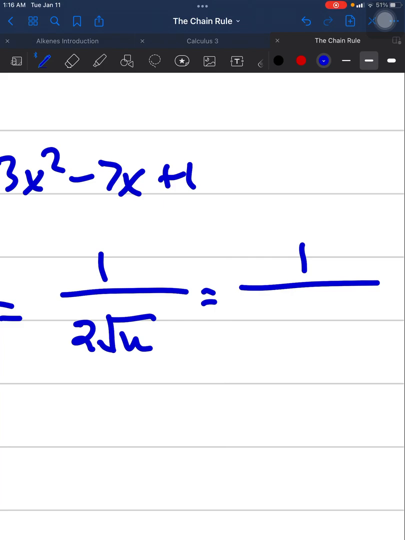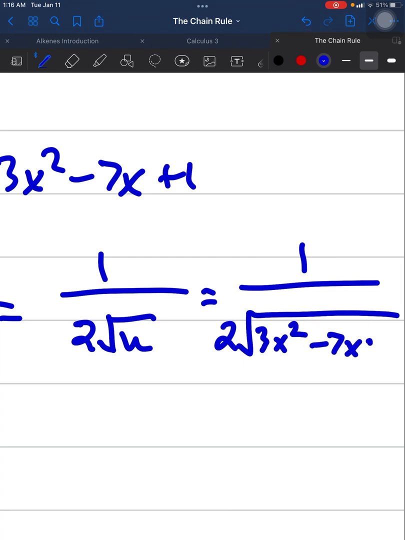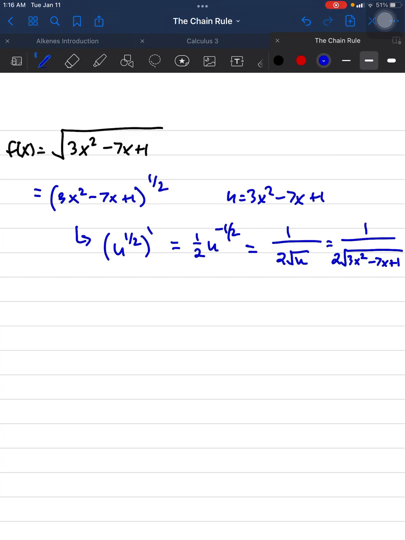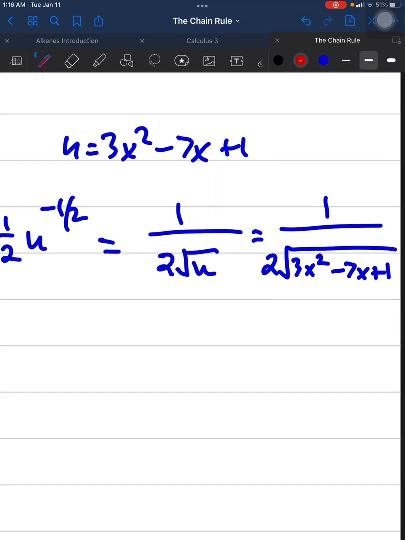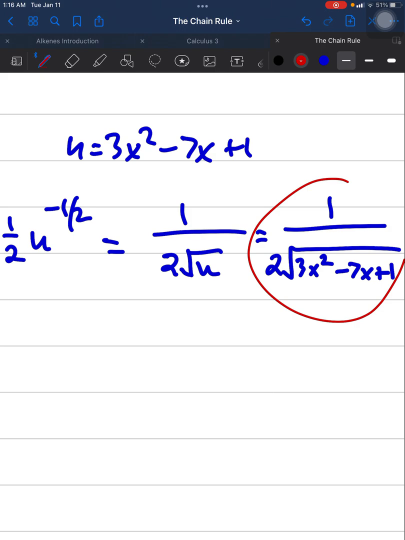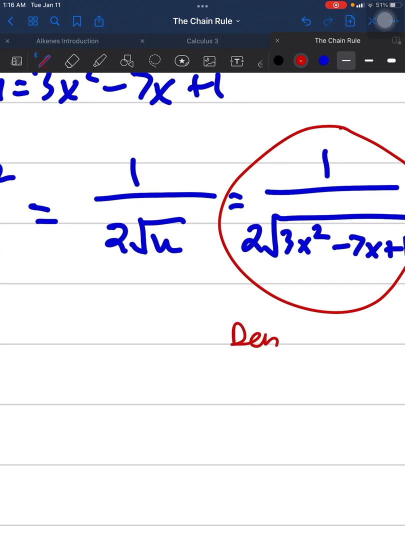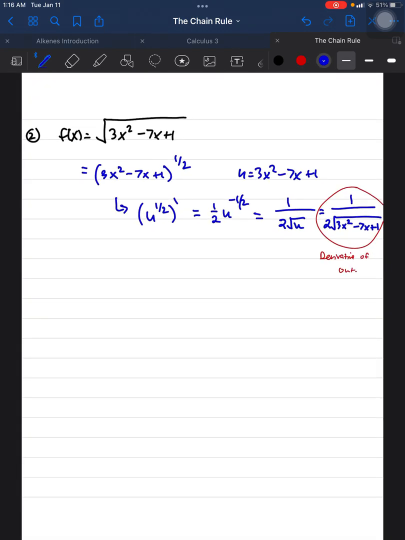We substituted 3x squared minus 7x plus 1 for u. So that's the derivative of the outside function. Let me label that. The derivative of the outside function.